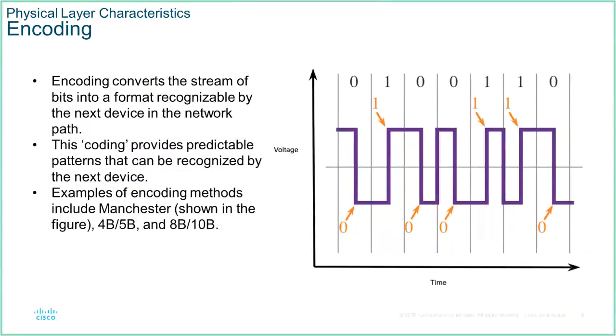And we use various methods to get this across. The first one here, we talk about the Manchester method, which is basically a voltage change. So when it's above the carrier signal, it's a 1. When it's below it, it's a 0.